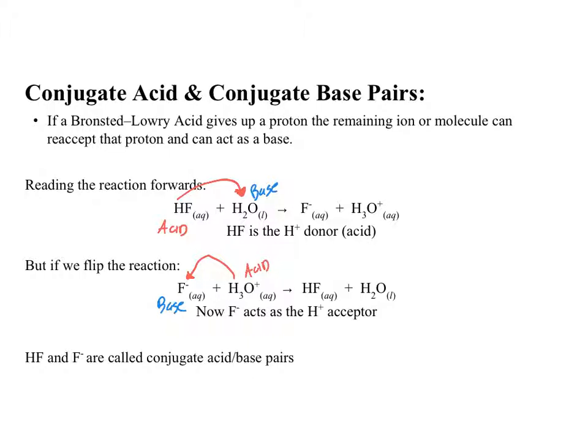Okay? We refer to HF and fluoride as conjugate acid-base pairs. And as a result of that, in this case, water and H3O plus are also conjugate base-acid pairs.